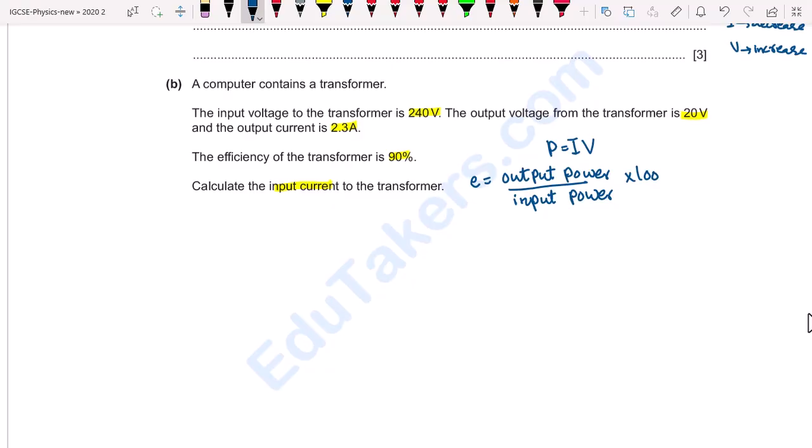So here efficiency is given 90%. Output power is the product of output voltage and current, over input power, which is the product of input voltage and input current.